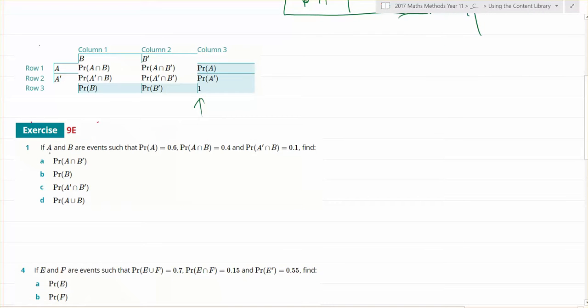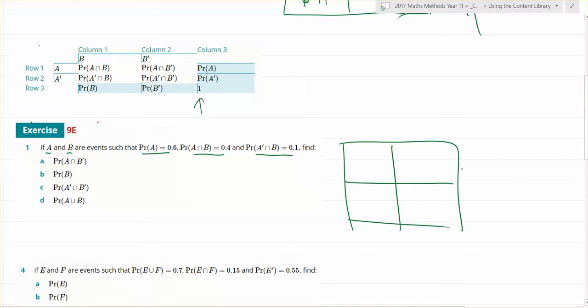Question 1: if A and B are events such that the probability of A equals 0.6, the probability of A intersection B is 0.4, and B only is 0.1, find these values. The first step is to draw a probability table.